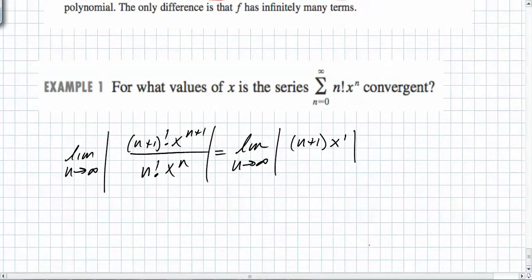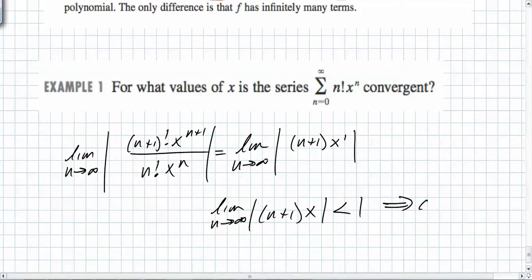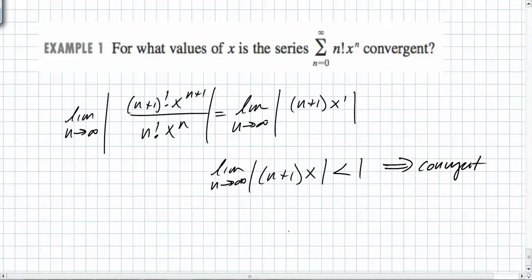So we know that if the limit as n goes to infinity of this right here is less than 1, what does that mean? Convergent, right? What's the only way for that to be less than 1?